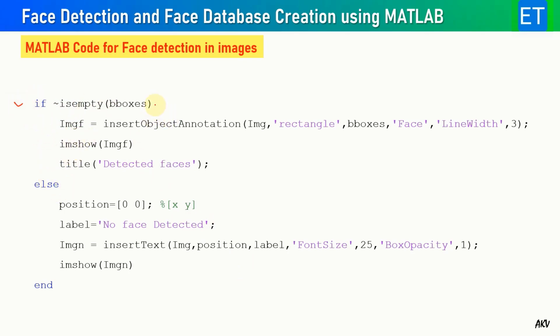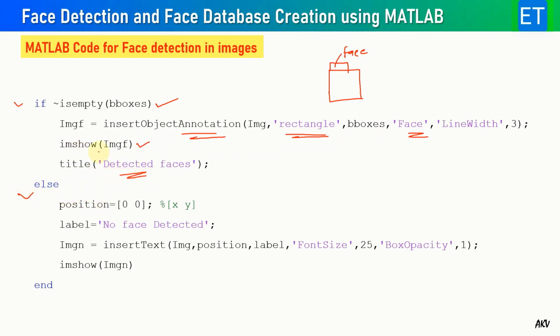If a face is detected, that means it is returning the bounding boxes, then we insert an annotation with the name face in the rectangle. That means if a face is detected, then we insert its label. So here we are writing the annotation face, so that you can clearly see it in the example when I run this program. And then we display this image using imshow with this title.